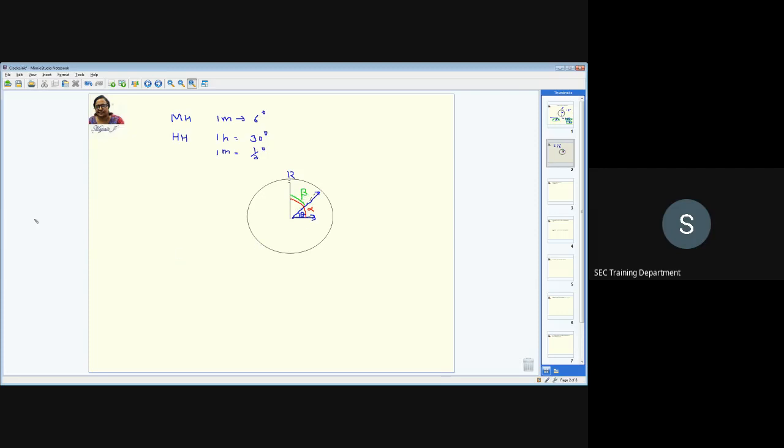So I have to find out what theta is equal to. Theta is the angle between the minute hand and the hour hand. Can anyone say what theta is equal to in terms of alpha and beta? Alpha minus beta. Okay. Alpha is the entire angle here, and then this is beta. So when you subtract this, you get theta.